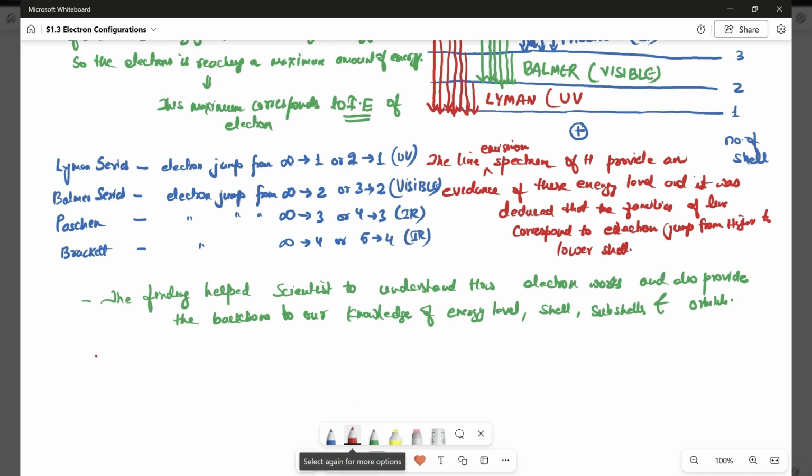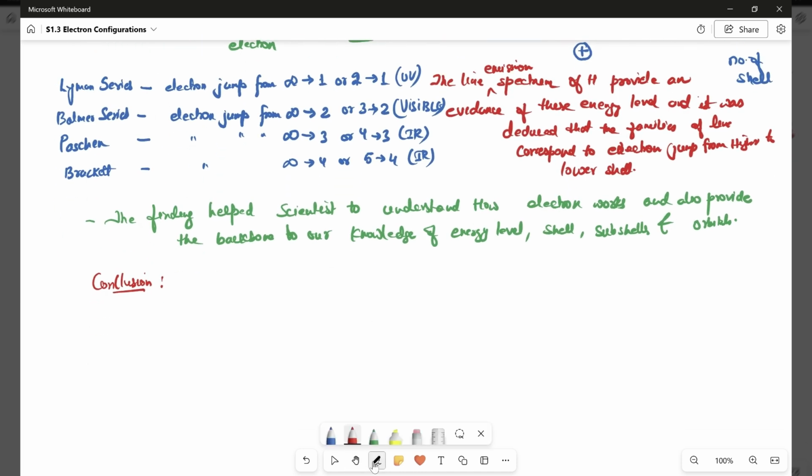So the conclusion we have drawn is, let's say we are talking about jumps. Here is a jump, here is a region, and here is the energy.